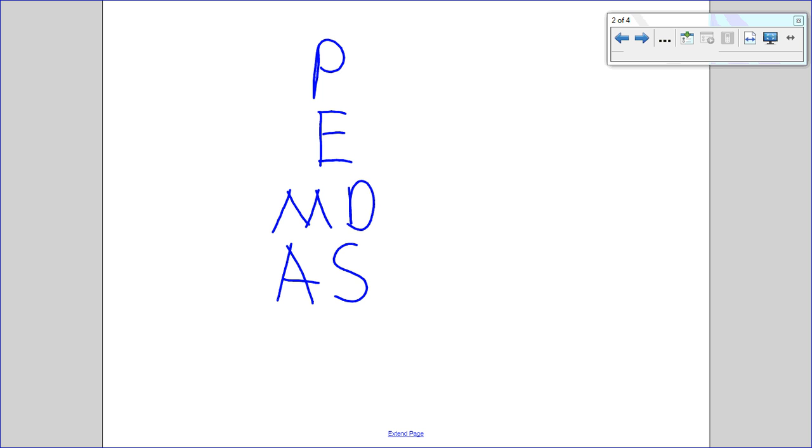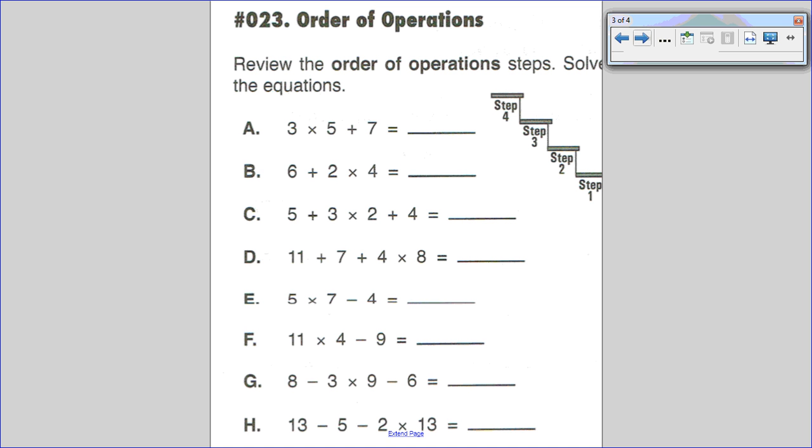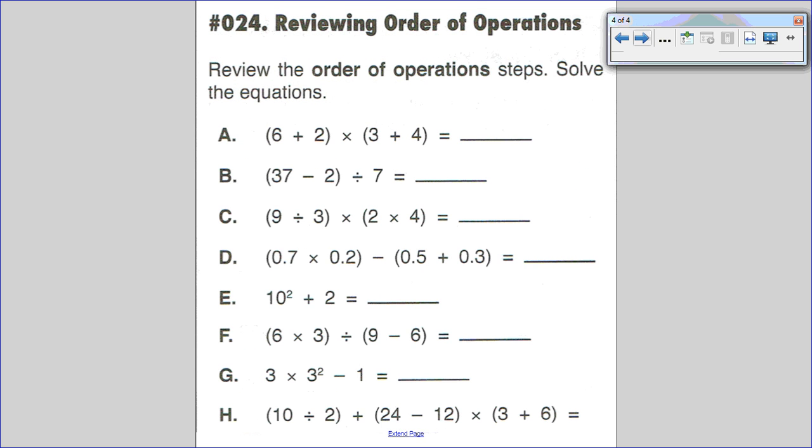So what this means is, okay, and I'll skip ahead a little bit. So if we're given something like this to work out, and we have a math problem to work, okay?